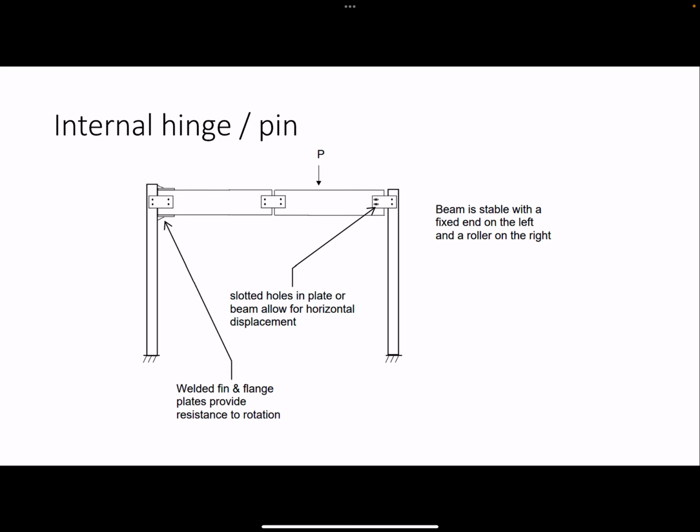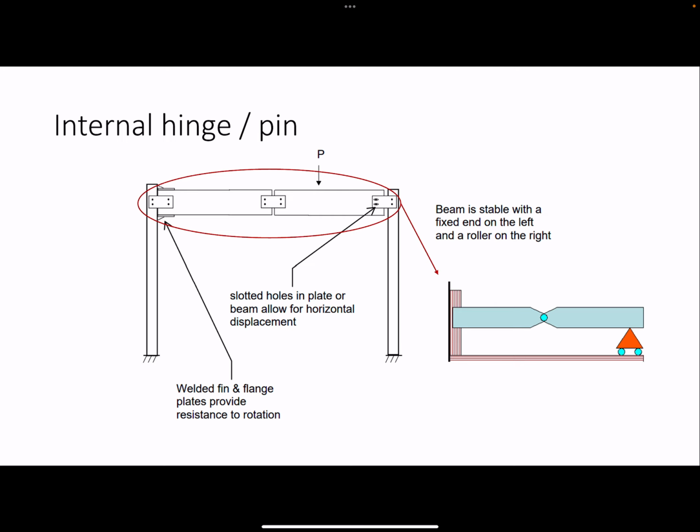But if we put a roller on the right end and a fixed support or a moment connection at the left end, then that would be a stable configuration, even with that internal hinge. All right, so this is what an idealized sketch might look like: fixed support, hinge, roller support. And this is a common configuration that you'll probably see in this class.